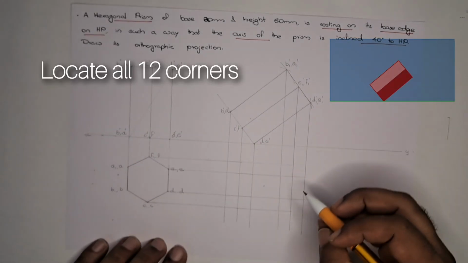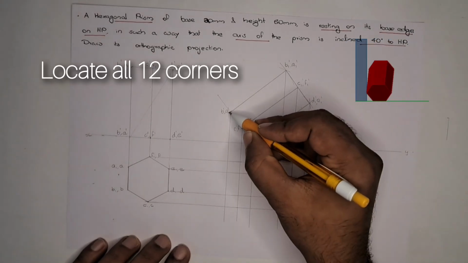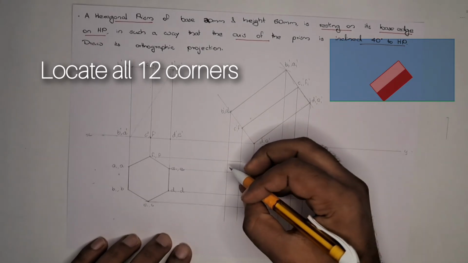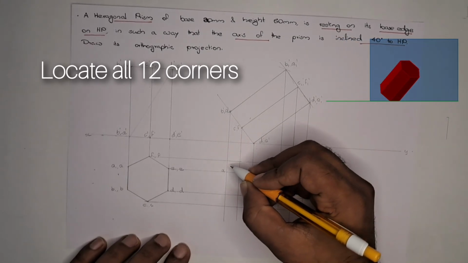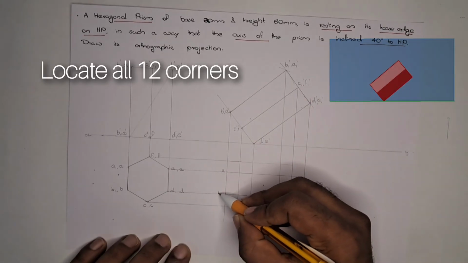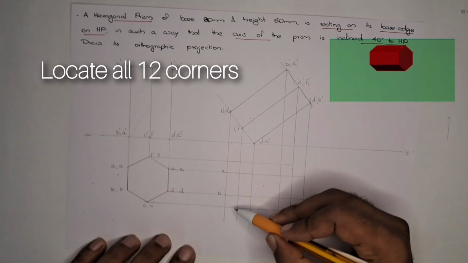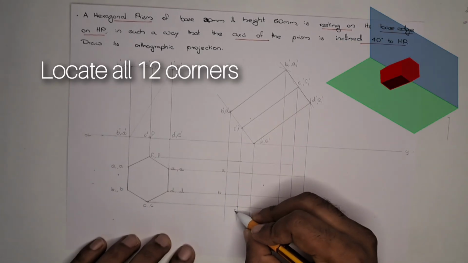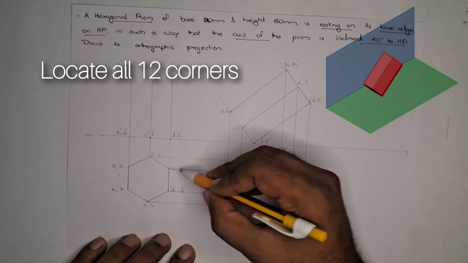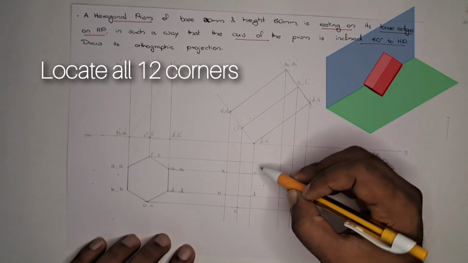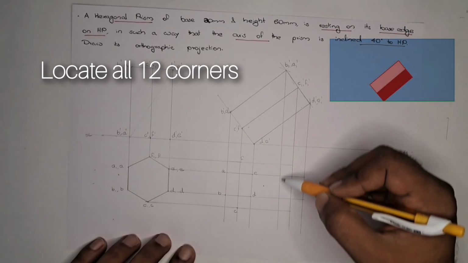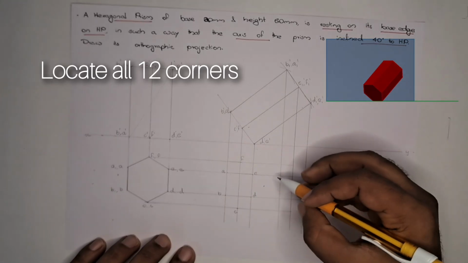Now we can name the points. So this is A, coinciding with the point A over here. Then B, and this is the point coinciding with B. So here B, C. So this is point C. D, here it is D. E coinciding with E. F, here F. Then A1 coinciding with the line A1 here.